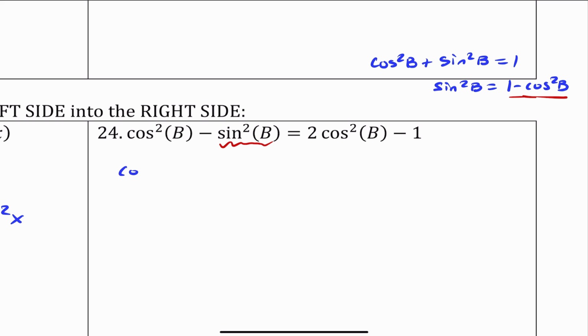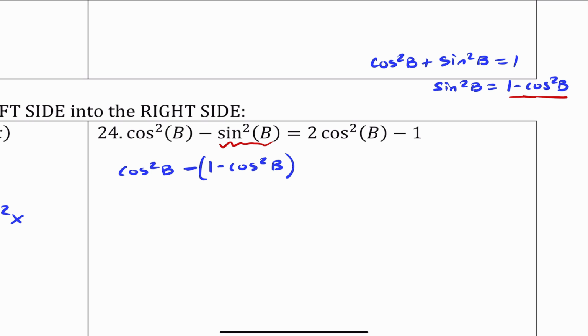So cosine squared of b minus, now I don't want you to put 1 minus cosine squared of b like that. You need to put parentheses whenever you see a minus sign like that. Okay, so it's minus sign, and this is the trig function you're replacing with this expression. So please make sure that you put parentheses around the expression.